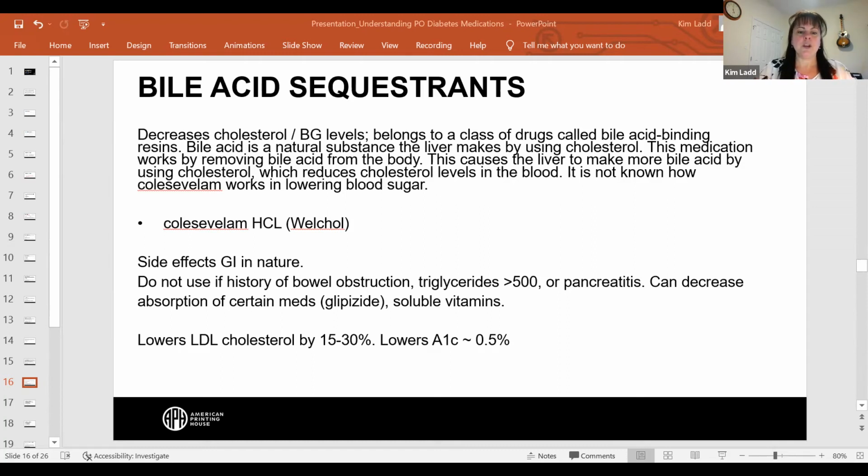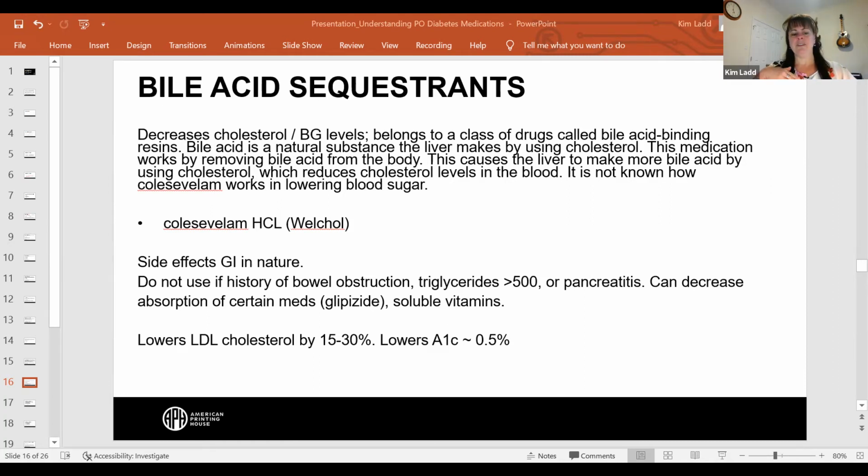The one bad thing about this pill is it can decrease the absorption of certain medications. So like if you take glipizide for your diabetes, this medicine is going to affect how your body absorbs glipizide. So glipizide would not be a good choice for you if you also take Welchol, and also some vitamins, it affects the absorption of that.